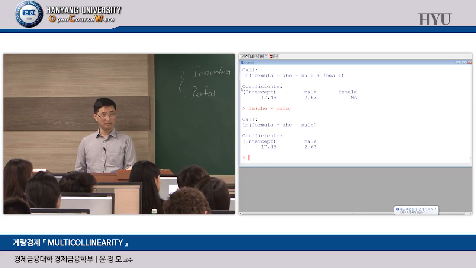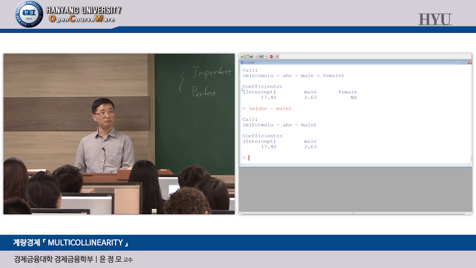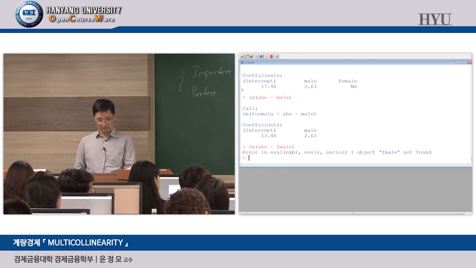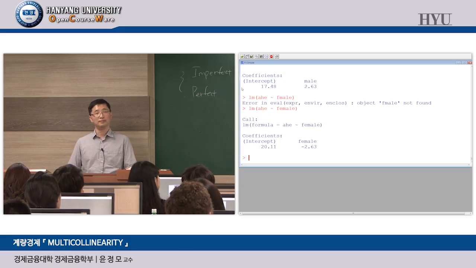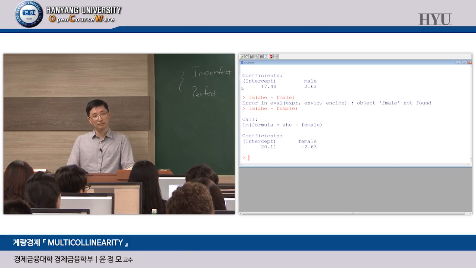This is allowed. You have a constant and a male dummy. That's okay. So this is how you fix your problem. You can have a constant and one dummy variable.